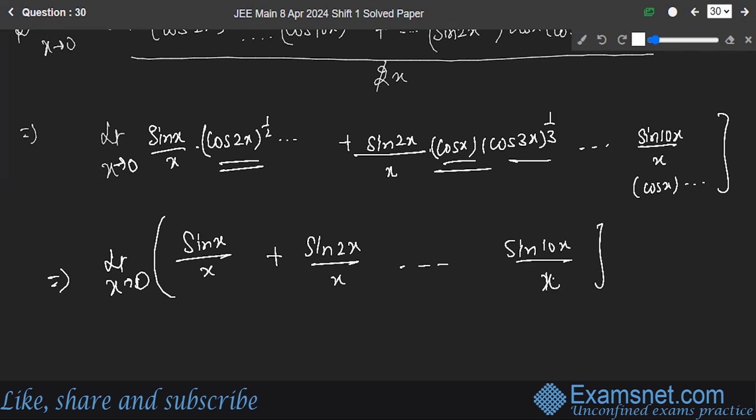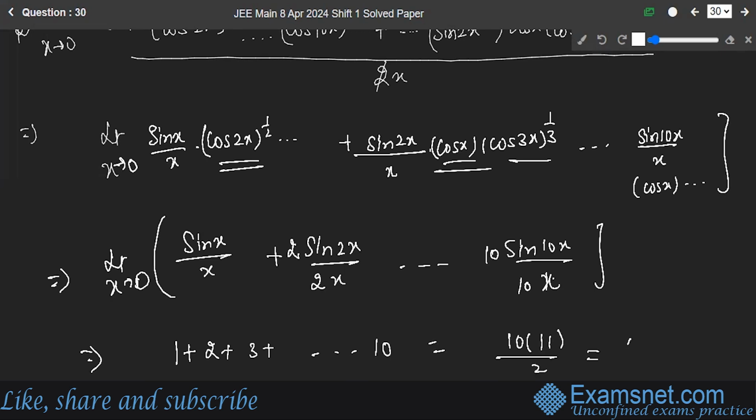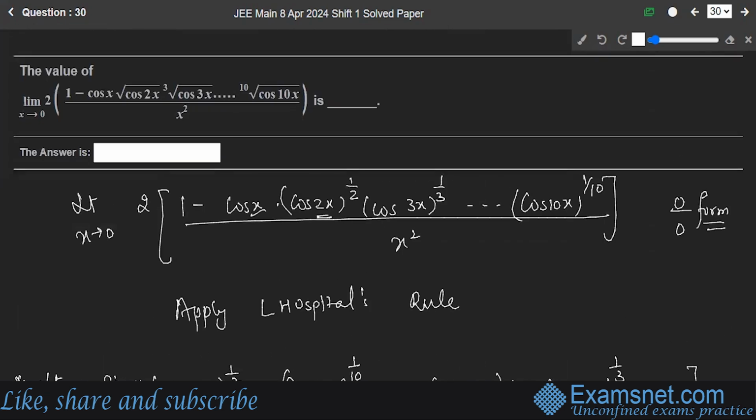Now I need to have a 2 over here, so here will be 2. I need to have a 10 over here, so here will be 10, right? And so this will give me 1 plus 2 plus 3, so on till 10. And you know, this is n into n plus 1 upon 2. So the answer is 55. Okay. This is the answer to the question.